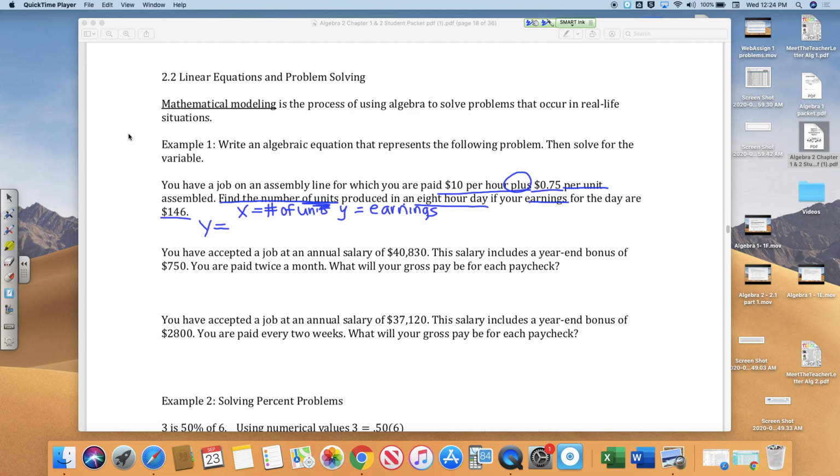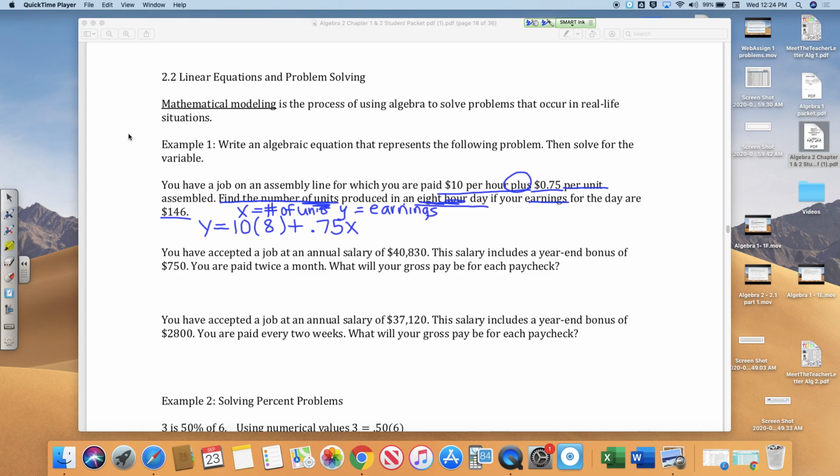All right, so our equation is going to be 10 times the amount of hours we work in a day. Since we get paid $10 per hour and we work 8-hour days, they tell us this right here. I'm going to multiply 10 by 8. So that's just $80 just for being at work. Plus, we get paid 75 cents per unit that we assemble.